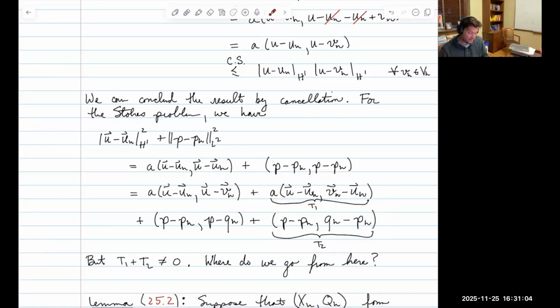Now we could hope that these two things, when we sum them together, give us zero, but they don't. So the pseudo-orthogonality doesn't help us get rid of these terms, and I don't know any other trickery to get rid of those two terms. I don't know of any way that we can see that T1 plus T2 is equal to zero, so there's really nowhere to go from here.